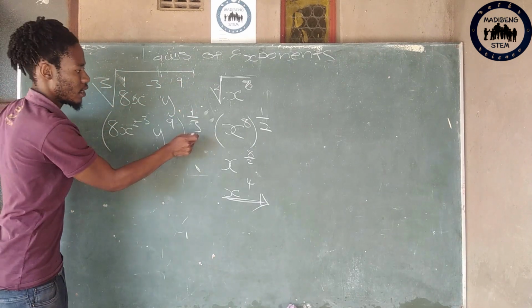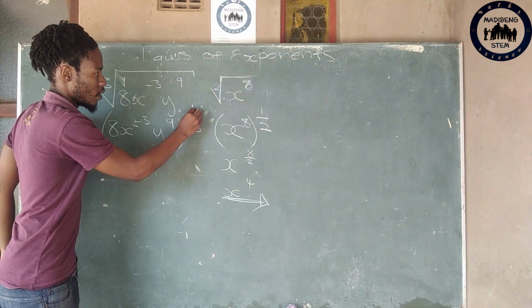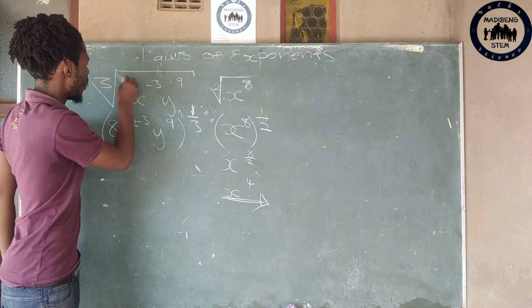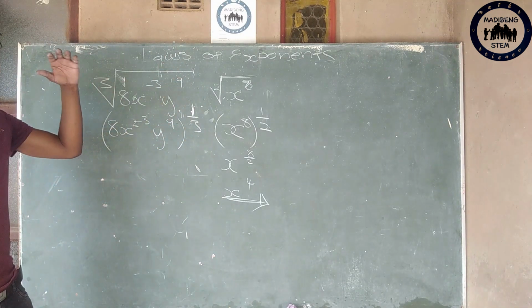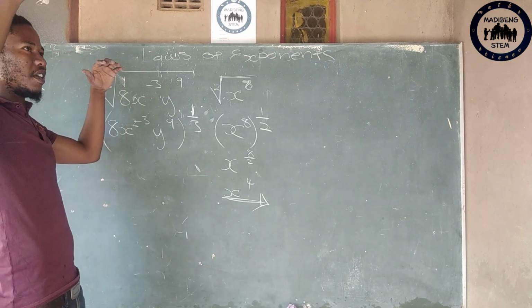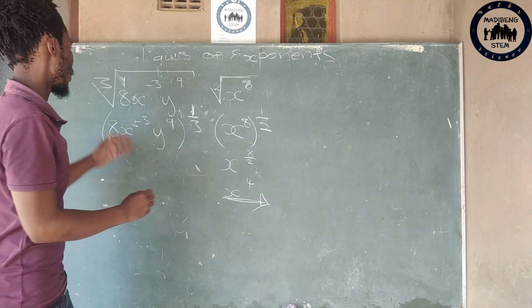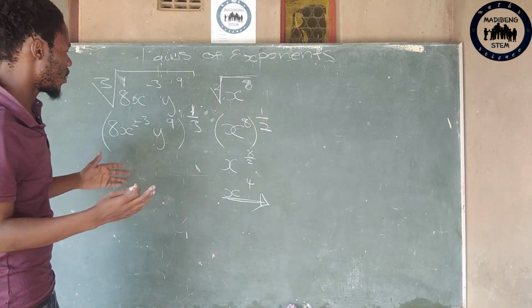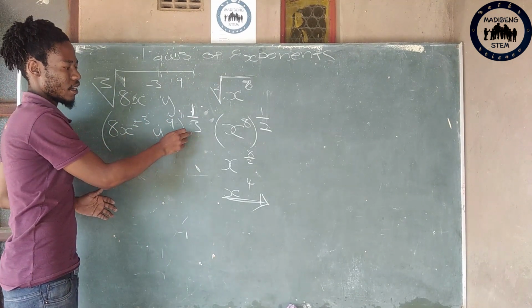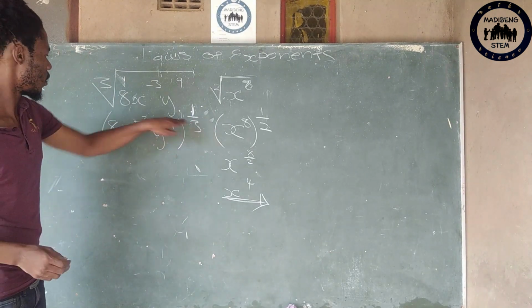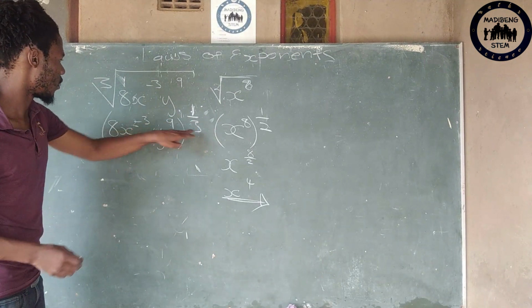So there is 3 that goes under this one here, because there is a 1 here. The whole thing has an exponent of 1. So when I change it to exponential form, I will put it underneath this 1. So now we multiply this by this, this by this, this by this.